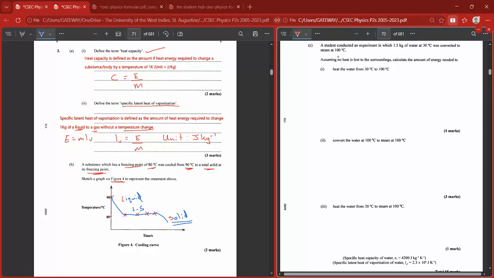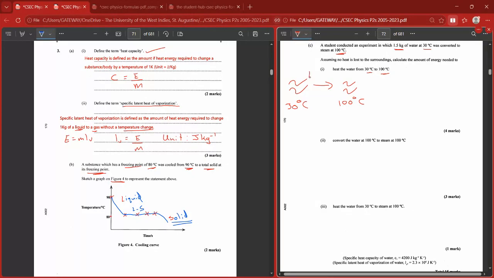Now, the next part. They say a student conducted an experiment in which 1.5 kg of water at 30 degrees Celsius was converted to steam. Assume no heat is lost to the surroundings, calculate the amount of energy needed to heat the water from 30 degrees to 100 degrees. So we're heating up water from 30 degrees to 100 degrees, right?